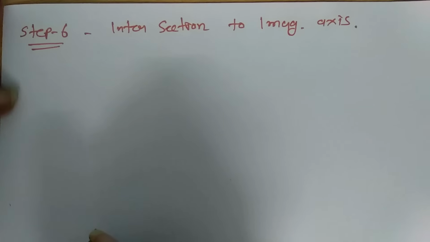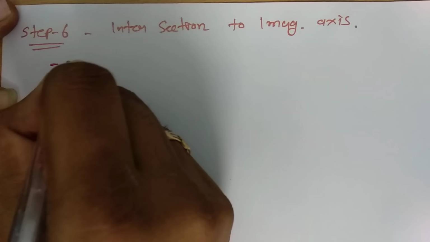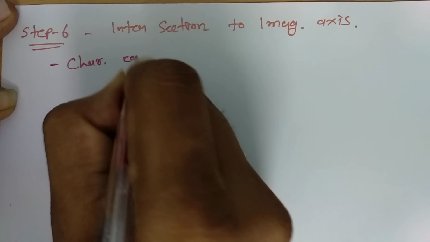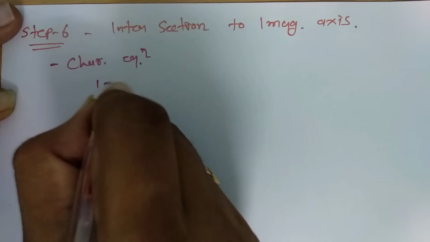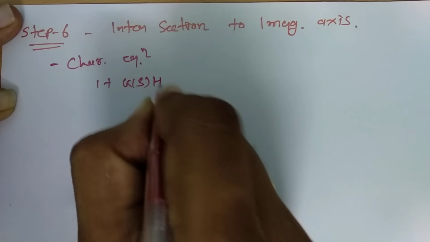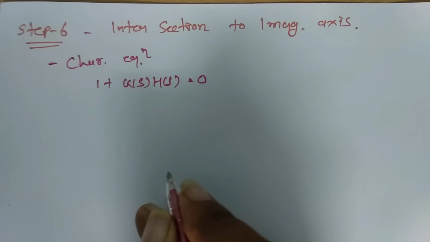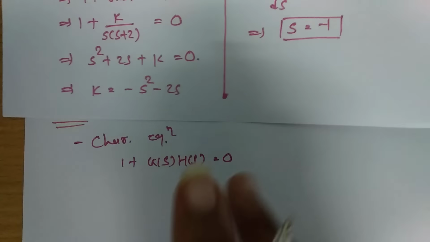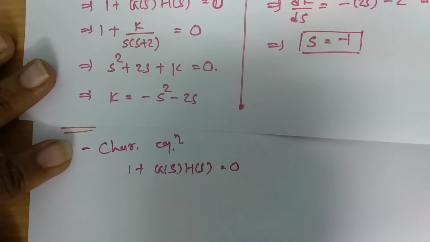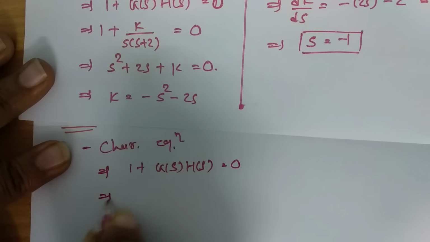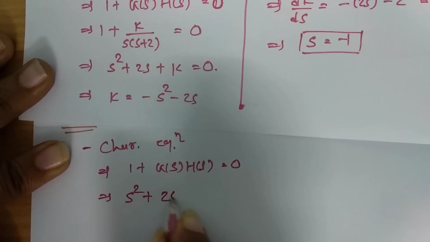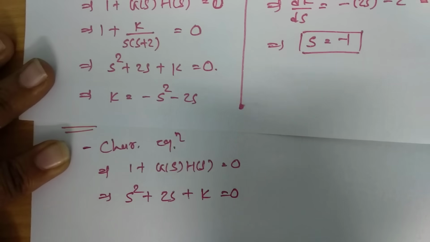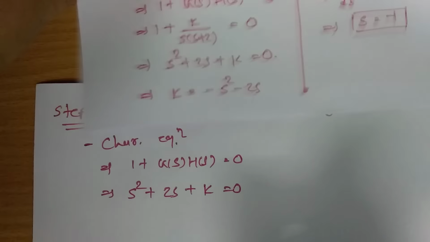Here, first we need to write down the characteristic equation, which is 1 plus G(s)H(s) equals 0. In the last session we derived this, so let us directly write it: s squared plus 2s plus K equals 0.